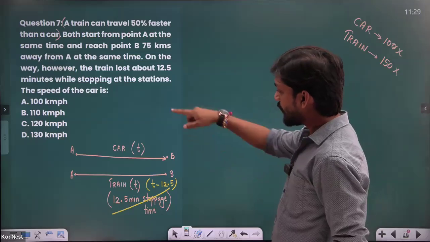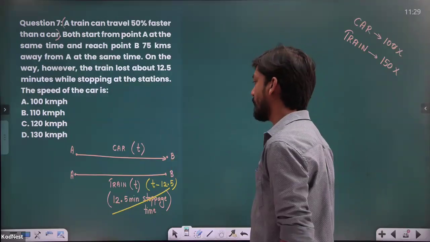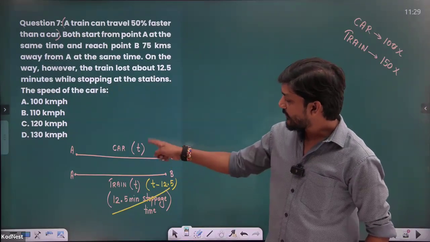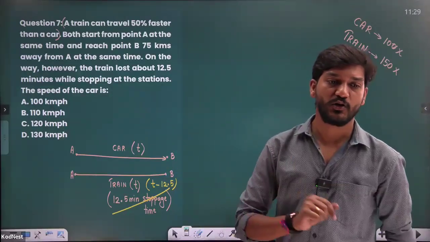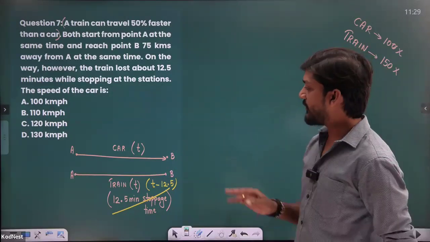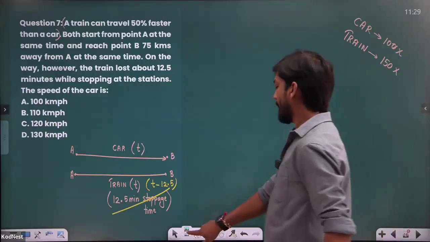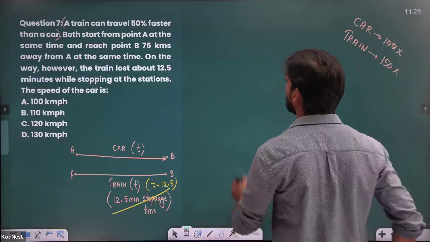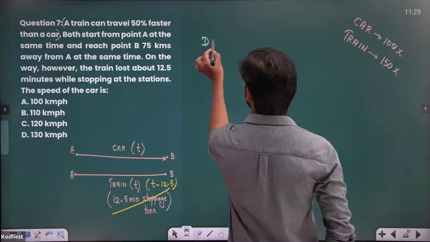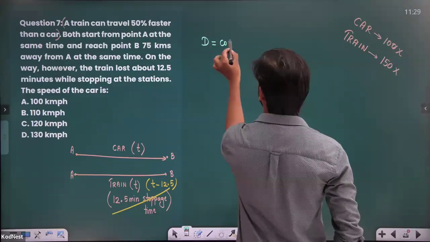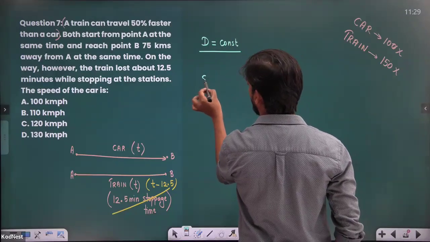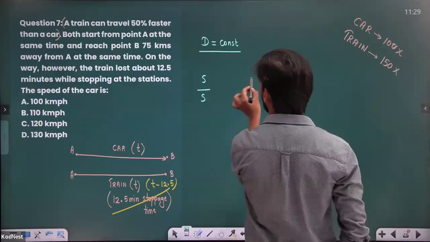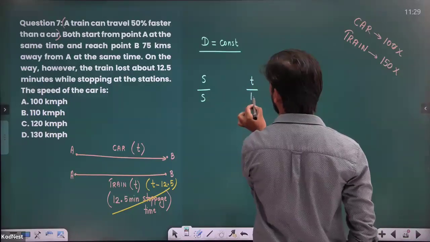My dear, there are two objects. Distance is 75, distance is 75. Speed is not the same, so time also is not the same. But distance is constant. So carefully observe, distance is constant. So how are speed and time related? Please answer.